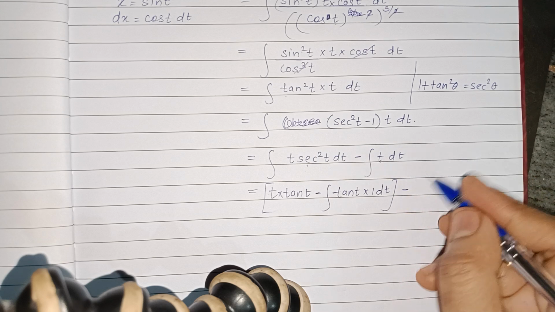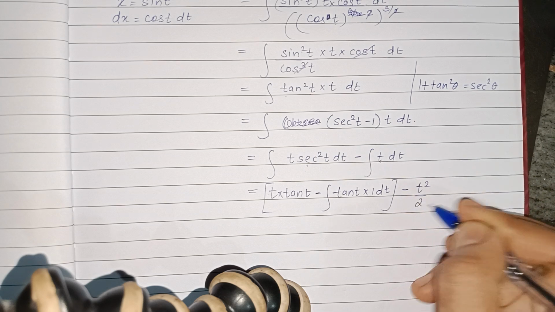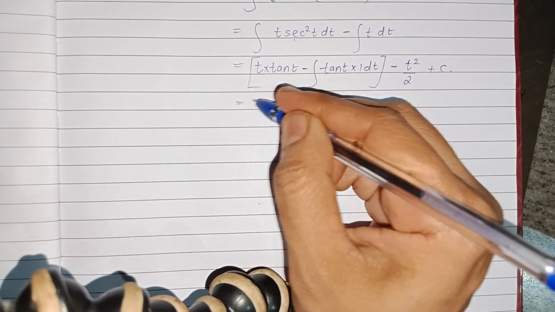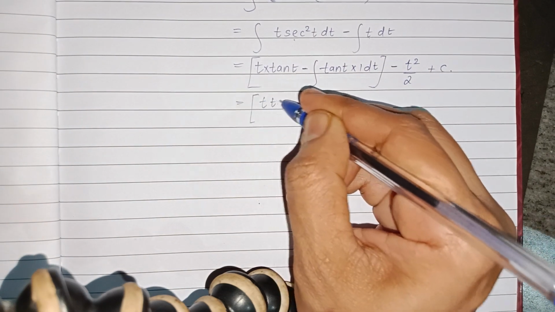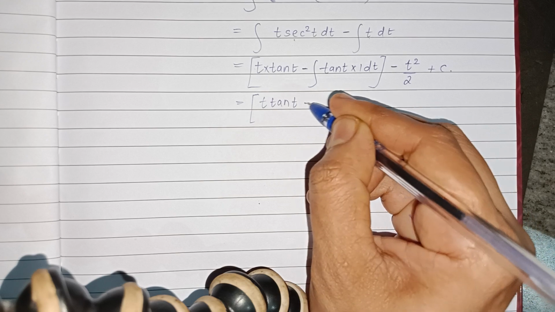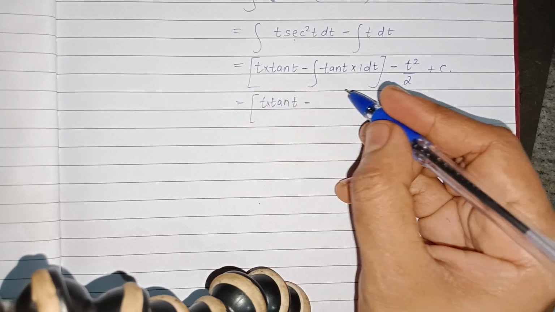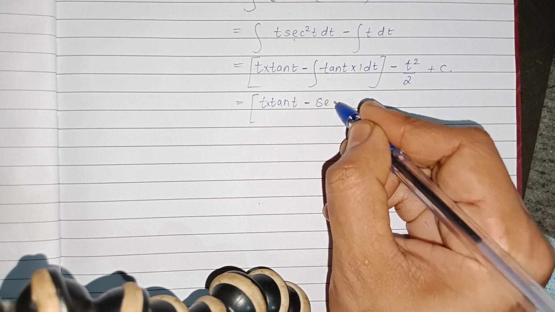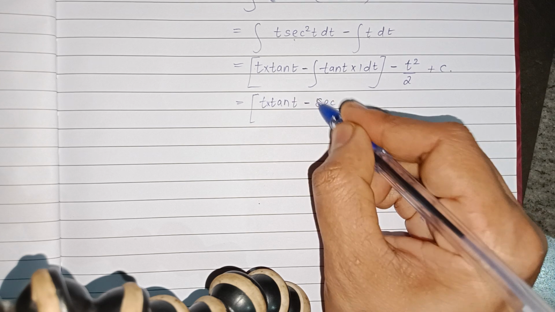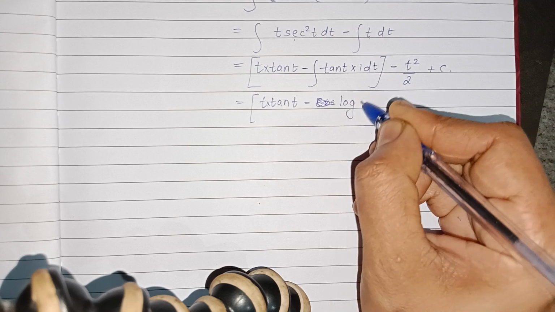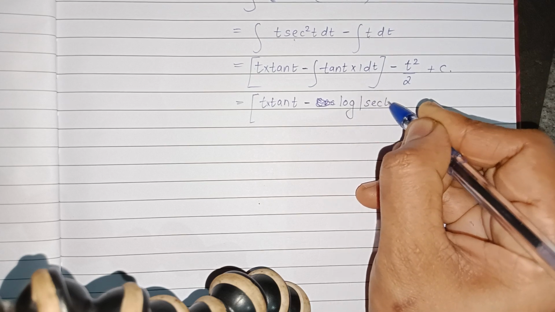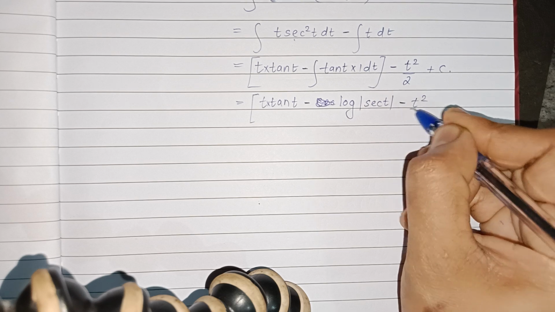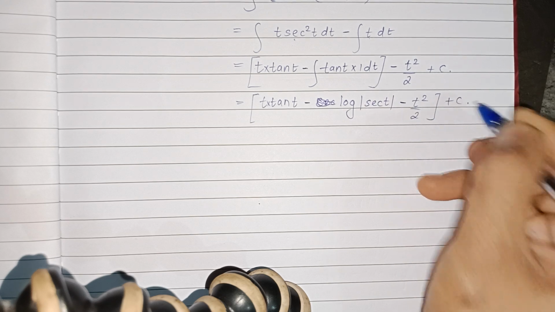This is our t square by 2, and the integral of tan t is log, minus t square by 2 plus c.